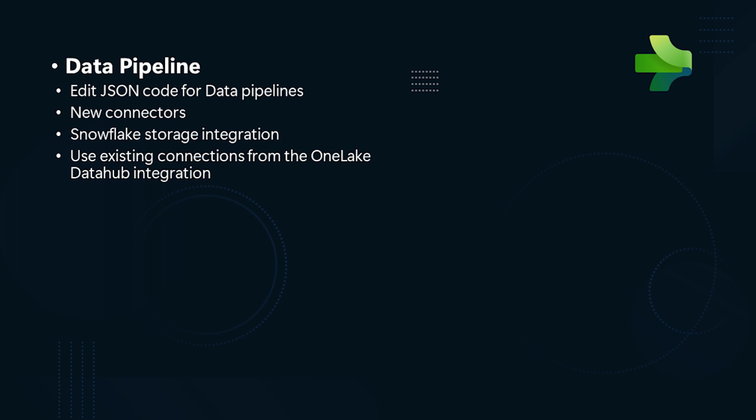New connectors. We're excited to announce the release of 2 new powerful connectors in the Fabric Data Factory data pipeline: Azure MySQL Database Connector and Azure Cosmos DB for MongoDB Connector. These connectors are designed to significantly enhance your data integration and management capabilities.